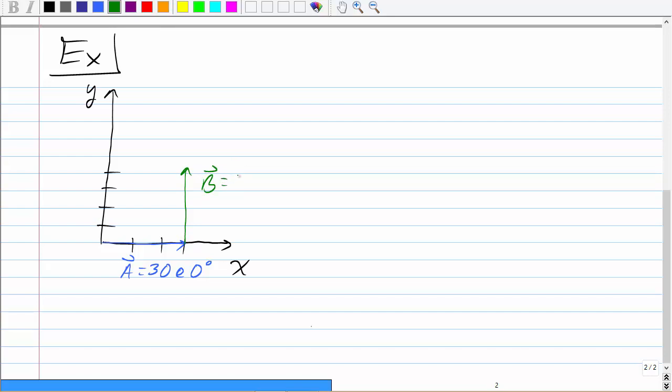Our second vector B is 40 units at 90 degrees. We can add vector A and B graphically by drawing the resultant. Since it makes a right triangle, we know that the resultant has to be 50 units at 53 degrees.